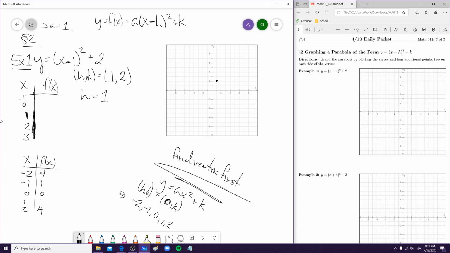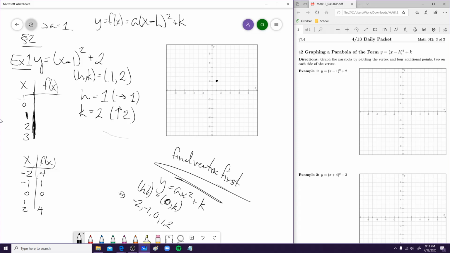Since h is 1, we're going to do a horizontal shift to the right 1. And since k is 2, we are going to shift up 2. So for every point in the parent function, I'm going to go up 2 and over 1, or you can go over 1 and up 2. It does not matter what you do, as long as you get there.